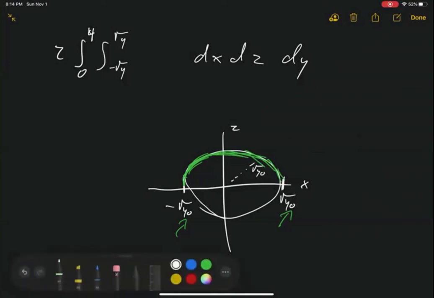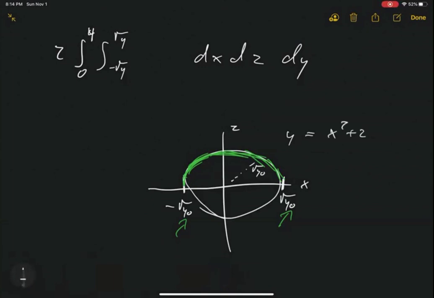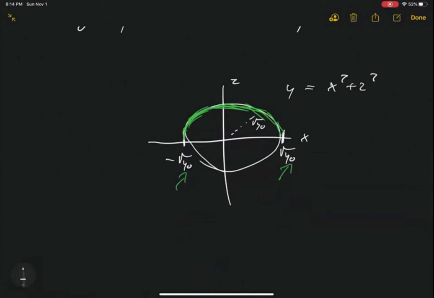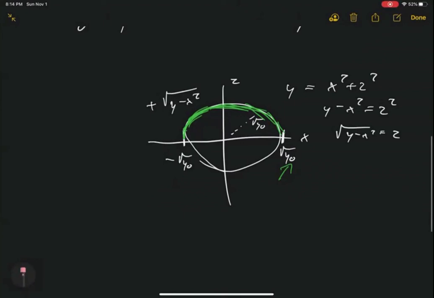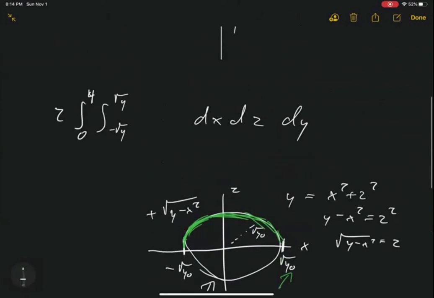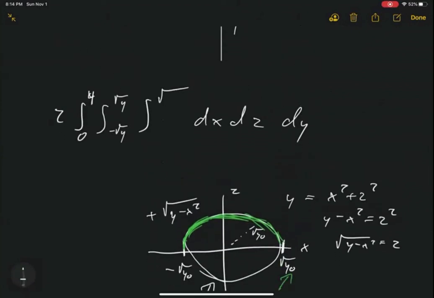If I have y equals x squared plus z squared, then y minus x squared equals z squared, and square root of y minus x squared equals z. So this top curve is the positive square root of y minus x squared. And then this curve down here that I left white is negative square root of y minus x squared. Those should be my z bounds.